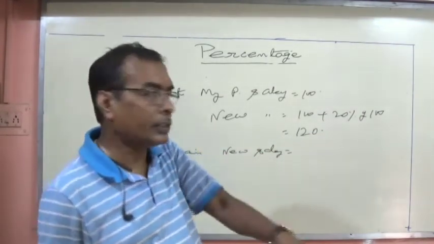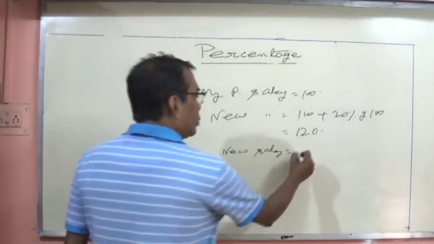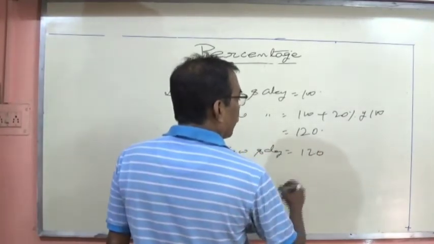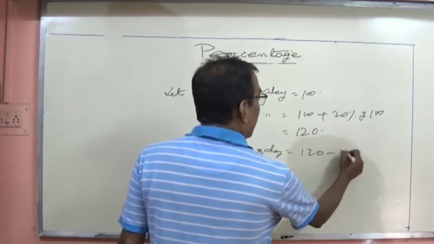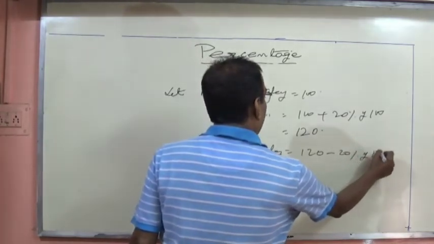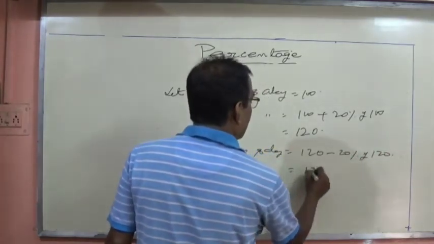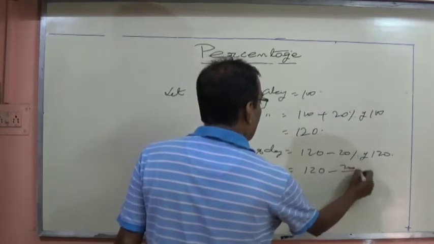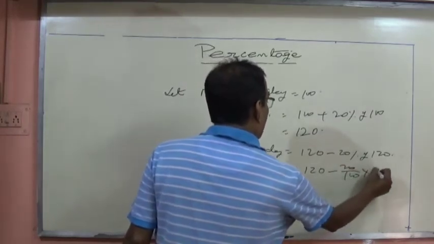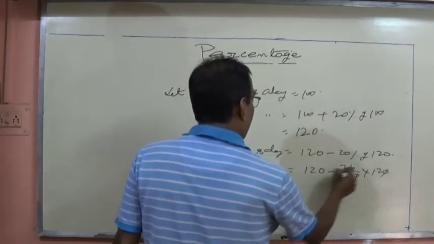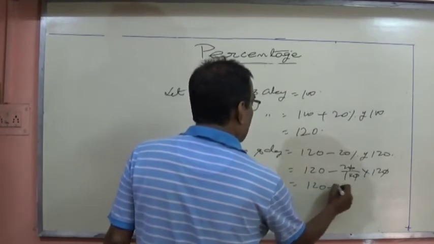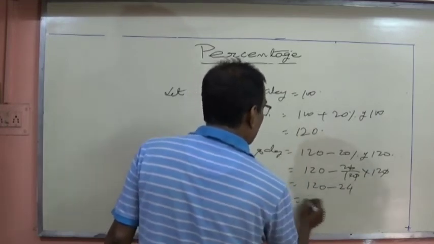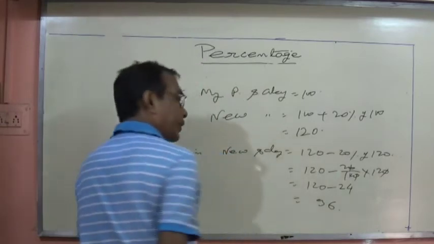The present salary is 120. So he is going to decrease from 120 by 20% of 120. So how much will it come? 120 minus 20 by 100 into 120, which is equal to 120 minus 24, which comes as 96 rupees.